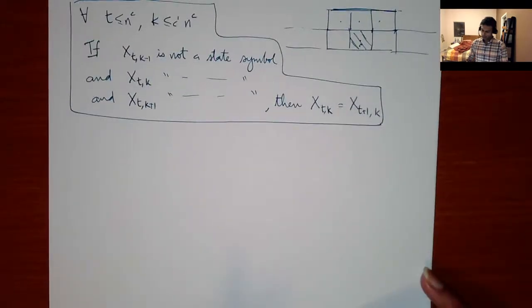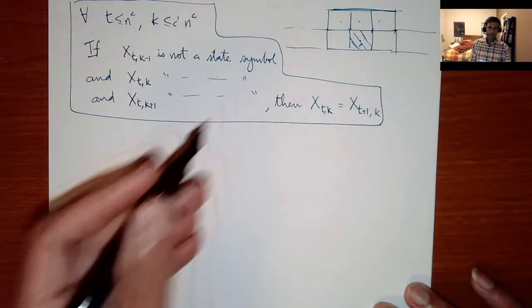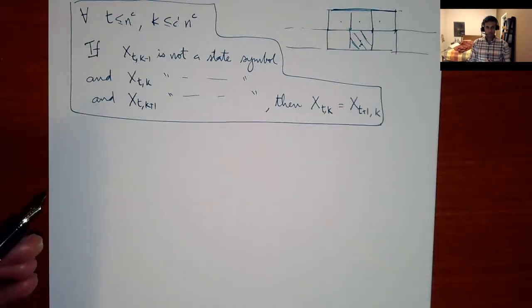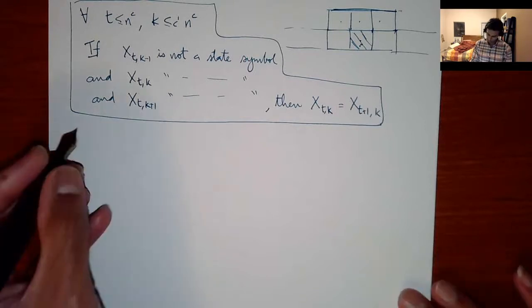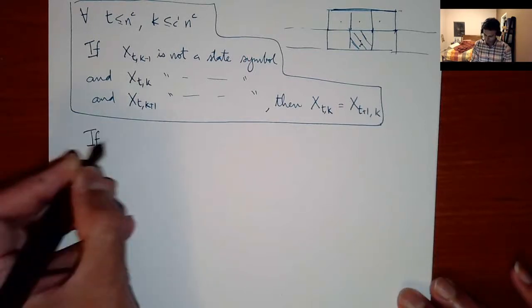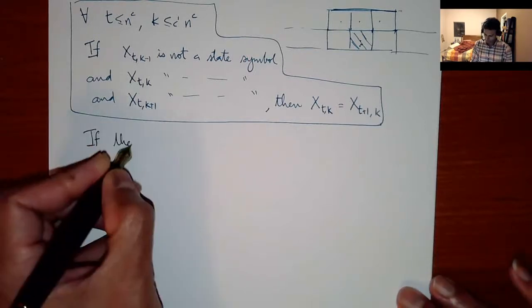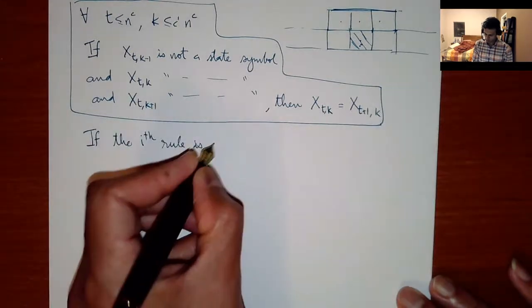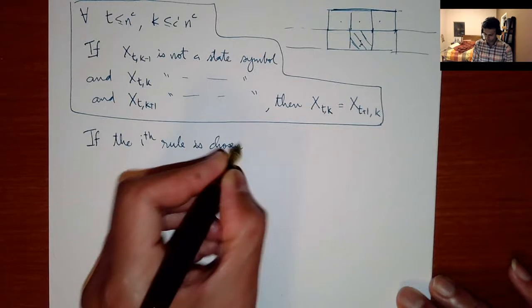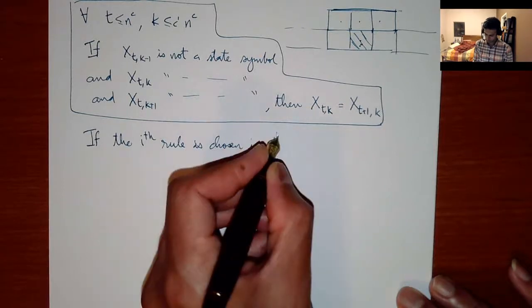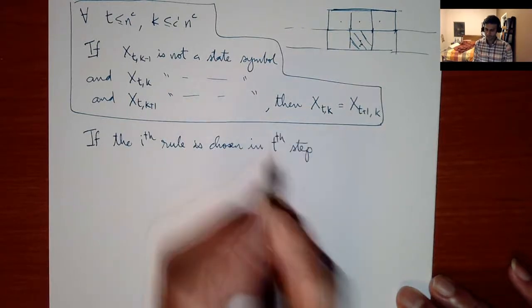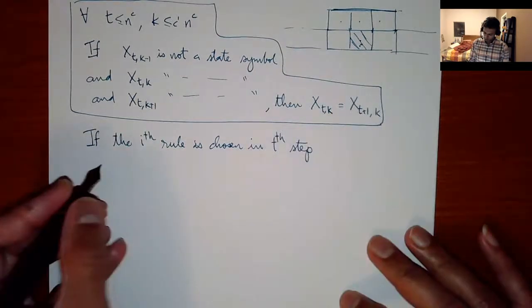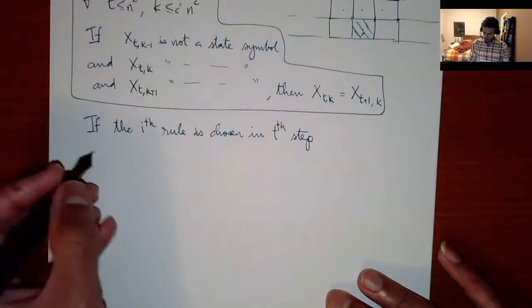And as was equivalently said, you could also create an entire truth table. You can say, if the ith rule is chosen in the tth step, then let's build a truth table.